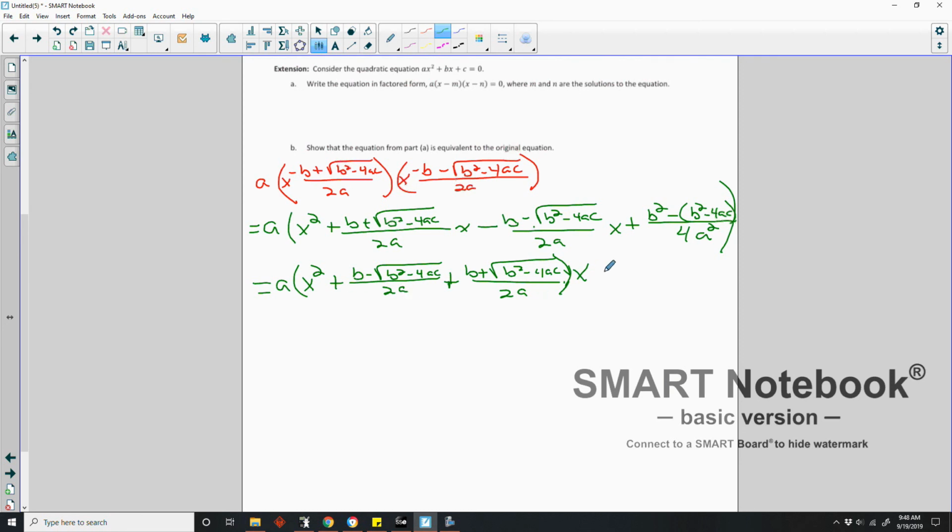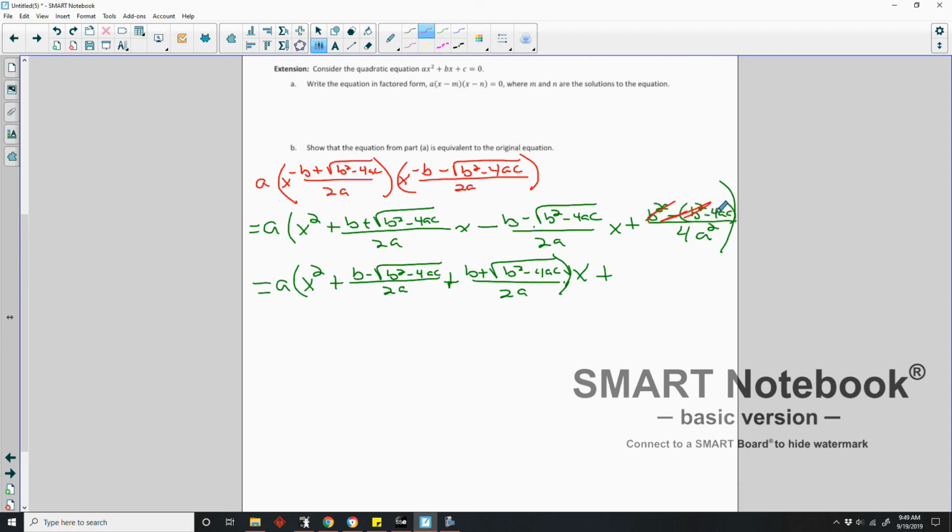And then it's going to be plus, and then what happens here? We have a b squared minus 4ac all over 4a squared, and let me change colors to show this. B squared minus b squared, b squared minus b squared is 0.